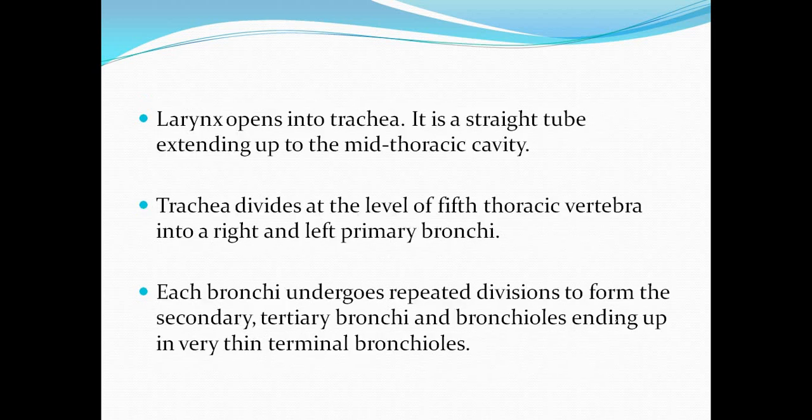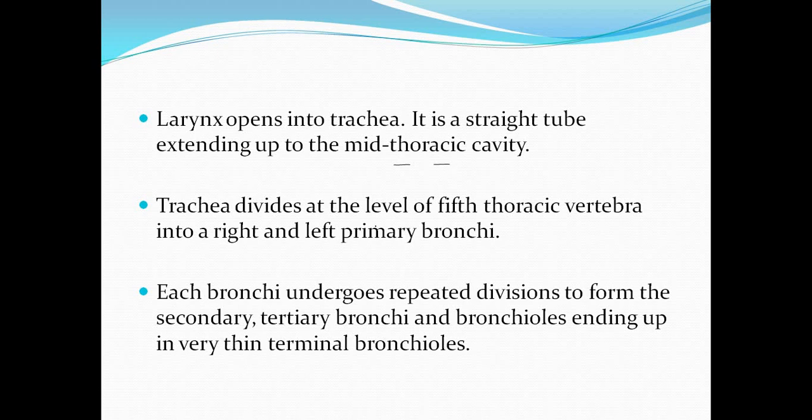Now in this slide, moving on from the larynx: the larynx opens into the trachea. It is a straight tube extending up to the mid-thoracic cavity. The lungs are present in the thorax or thoracic cavity.